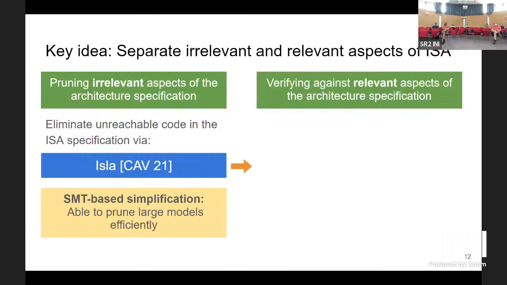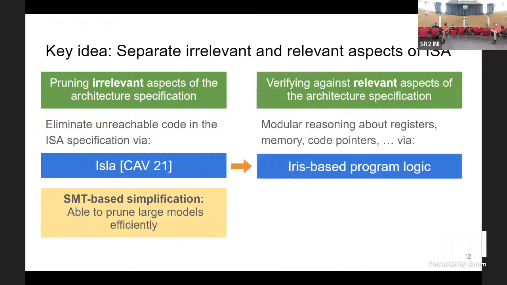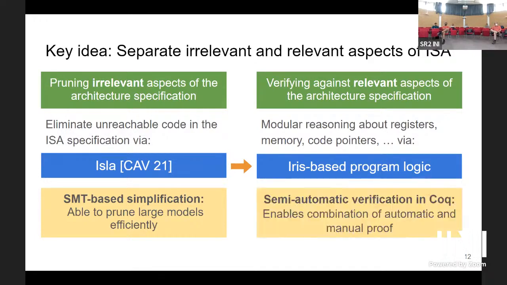And for that we provide an Iris-based program logic, which lets you do modular reasoning on memory and registers, and even things like pointers. For this we also provide a bunch of semi-automatic verification with automation to deal with the tedium of some of this separation logic. So that's a pipeline?